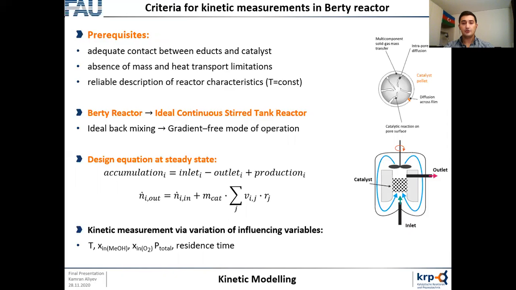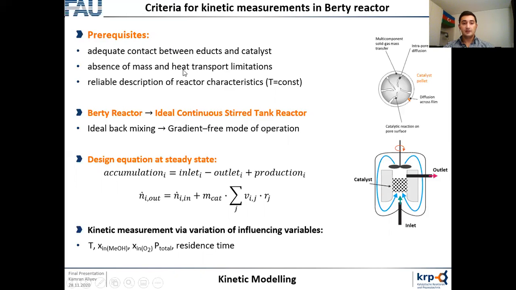For determination of intrinsic reaction kinetics, the selected reaction system should ensure adequate contact between reactants and catalyst. It should ensure the absence of mass and heat transfer restraints inside and outside the catalyst, and also it should be possible to reliably describe the reactor characteristics at isothermal conditions, because kinetic modeling is typically done at isothermal conditions.